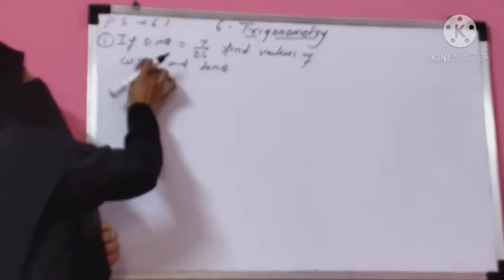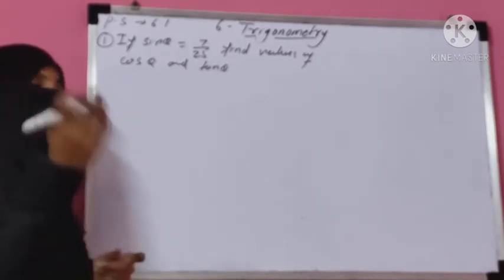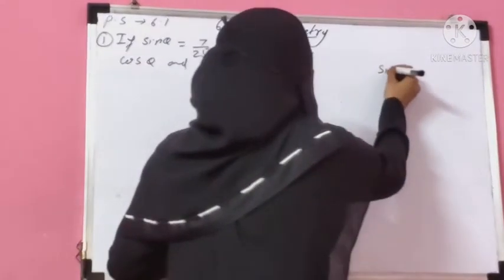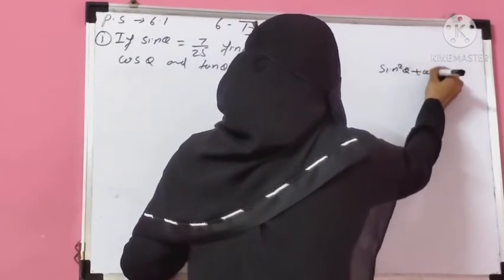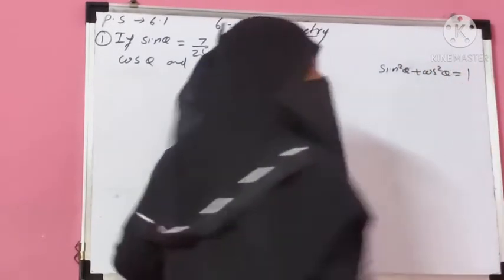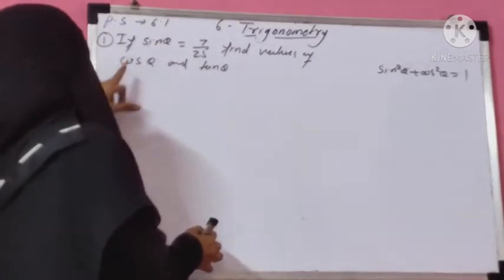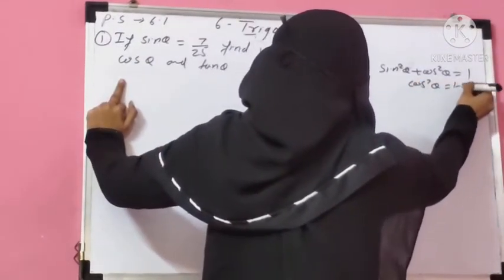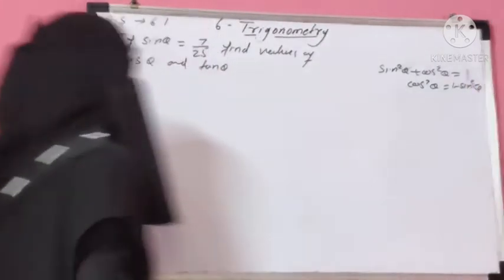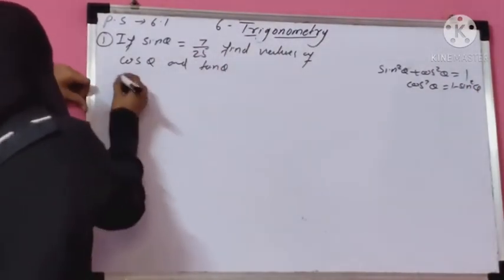Sin is given and you have to find cos, so cos square theta is equal to 1 minus sin square theta. Apply this formula.